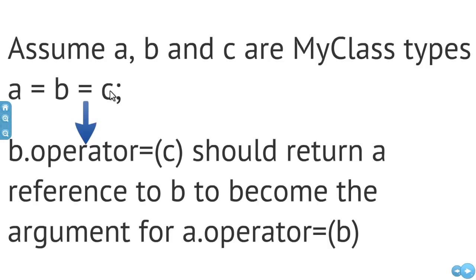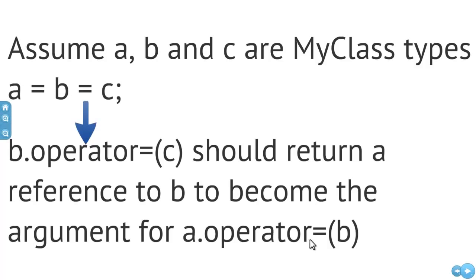So we'd be assigning this value of C to B, and then whatever that quantity would be to A. So the first thing that would happen is we would have this particular operation occurring here, where the overloaded assignment operation is being performed on this object B, and C is just simply our argument. So that thing there should be returning a reference to B so that it can become the argument to this particular operation here, which is our assignment from B to A.